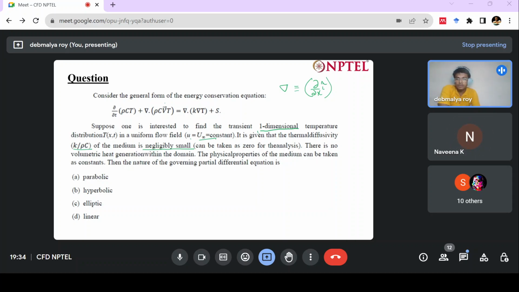Since this form is given, let's do one thing. First, let us simply divide the whole equation by rho c. If we divide the whole equation by rho c, we will get this k by rho c term, so that we can neglect it. So this nabla operator becomes del del x.